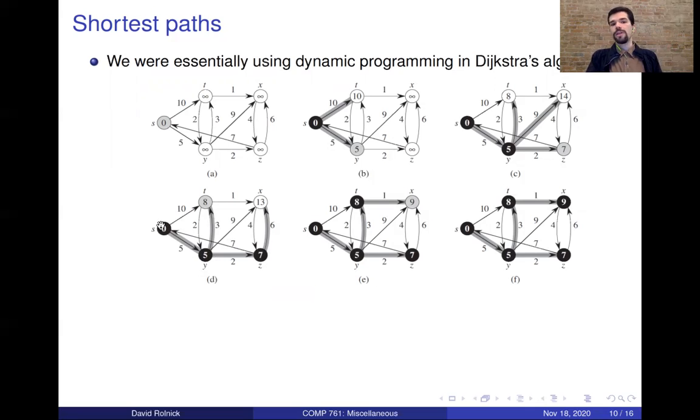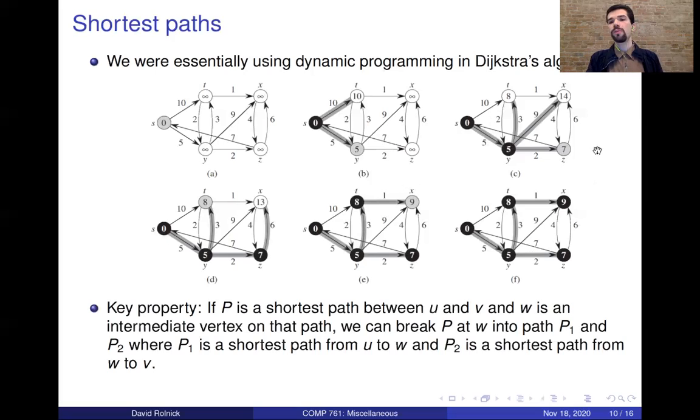You started out with the shortest distance, the one that was closest. Then we did the one that was next closest, and then the one that was next closest, and so on. And this was basically dynamic programming, where we were using the solutions to the previous problems, the distances to the closer vertices, in order to prove a distance to the next one.